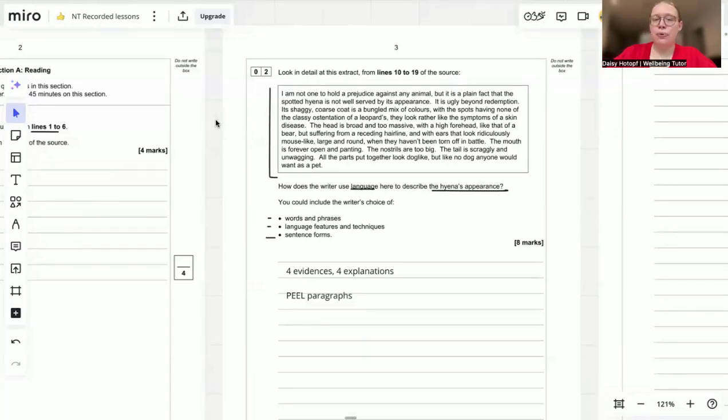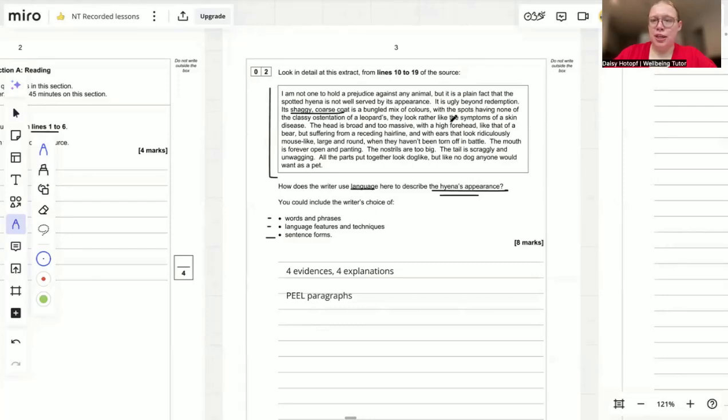They're similar. For example, you might think about how the writer uses language here to describe the hyena's appearance. You might look at how the writer uses a shaggy coarse coat. Yeah, that imagery, the coarse coat, the alliteration there, the kind of harsh C. And you might expand upon that.